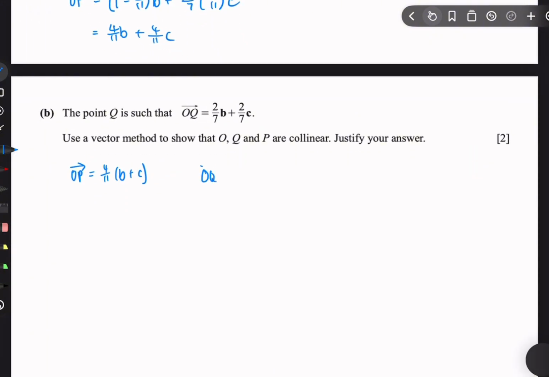And we can also rewrite OQ by taking out the factor.